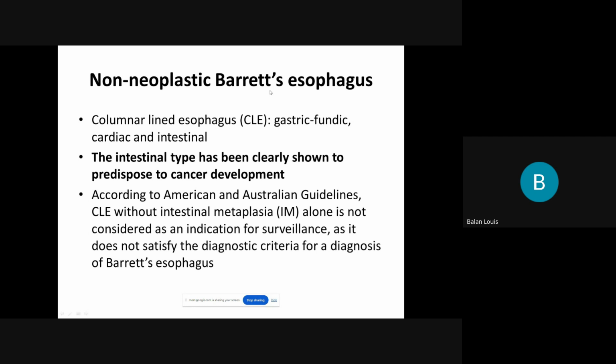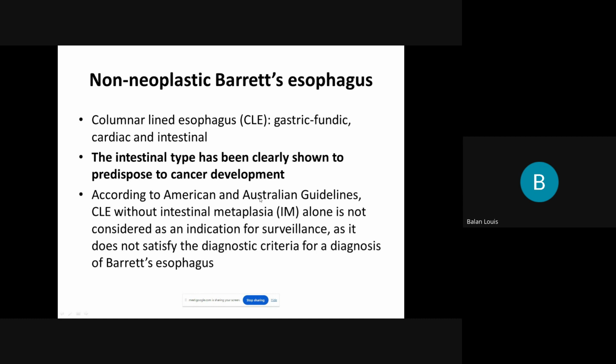Non-neoplastic Barrett's esophagus is nothing but columnar esophageal lining that can be gastric fundic type, cardiac type, or intestinal type. Among the various types of columnar lining, the intestinal type has been clearly shown to predispose to cancer development.